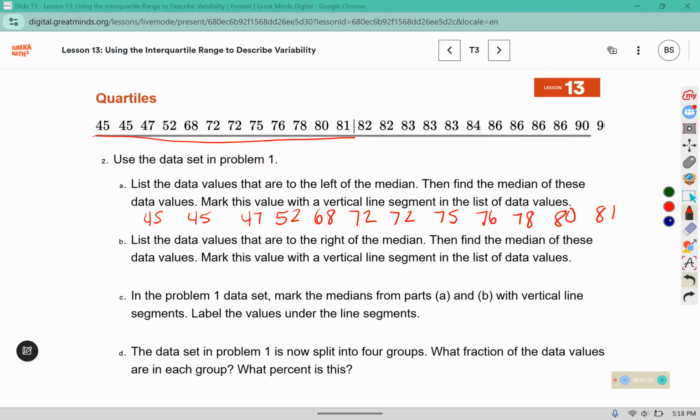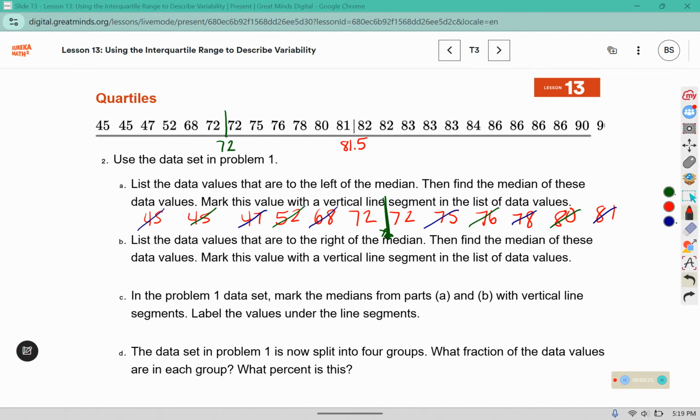And then we're finding the median of these, which would be 72, because in between 72 and 72 is 72.